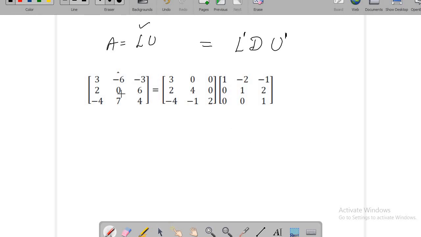So now I got A equal to L into U. So now I'd like to get the diagonal matrix as this. Whatever entries you have here, that is 3, 4, 2, and the rest of them I'll keep as zeros. Okay, now I need to write what is the new upper triangular matrix here and what is the new lower triangular matrix here.